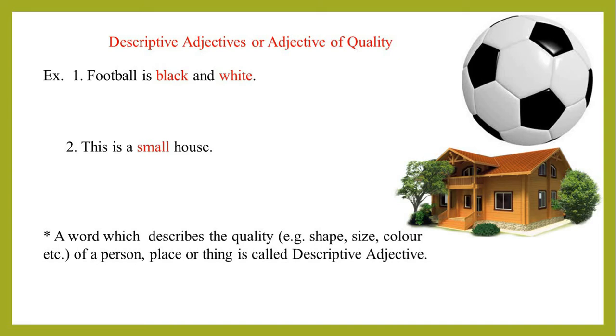These are adjectives of quality. Now, you have understood that a word which describes the quality, for example shape, size, color, etc. of a person, place or thing is called a descriptive adjective.